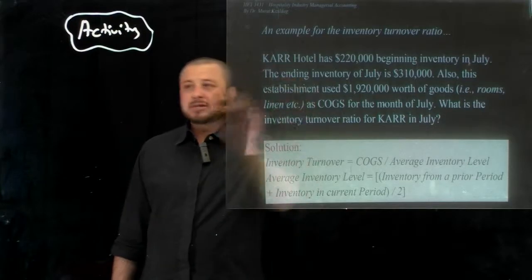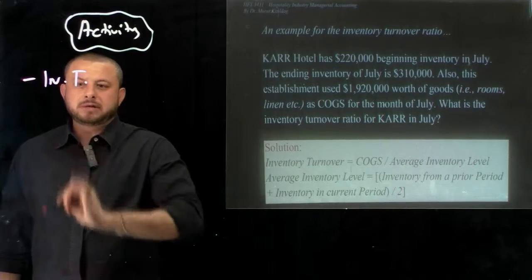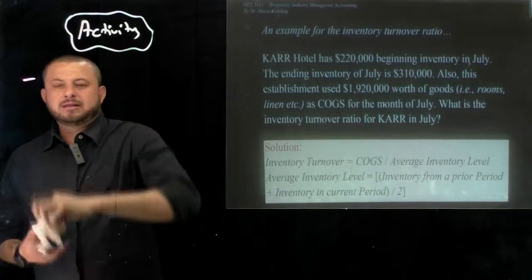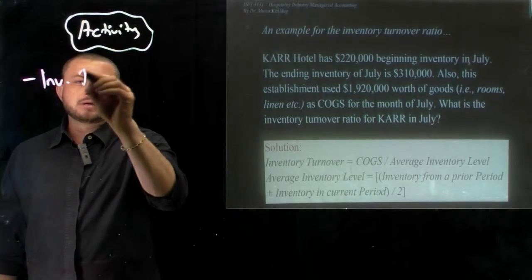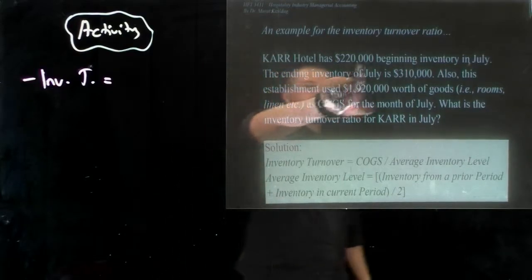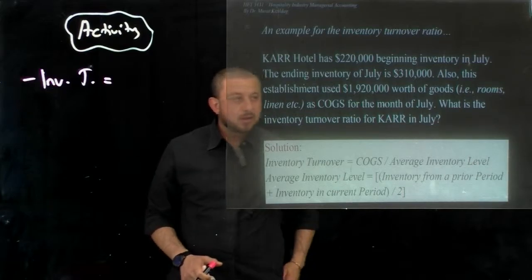Car hotel, inventory turnover. Let me just fix it. Car hotel has $220,000 beginning inventory in July. The ending inventory of July is $310,000.